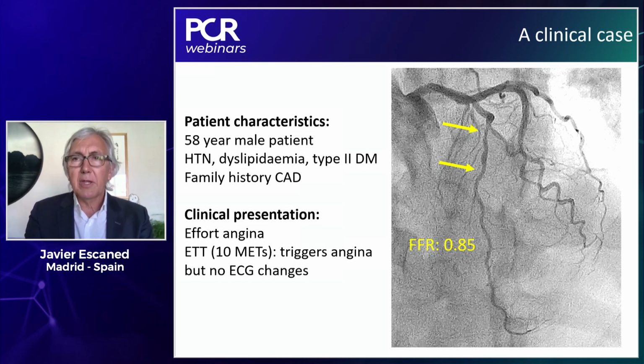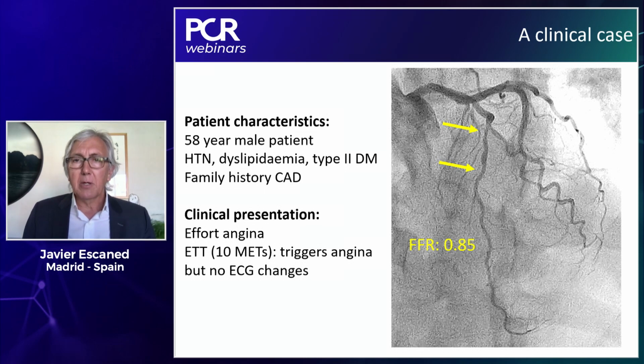So, Emanuele, I think it would be nice to share with the colleagues these patients and to see what they think and what will be the next step. This is a 50-year-old male patient with, as you can see, hypertension, dyslipidemia, type 2 diabetes mellitus, and a history of coronary disease. He came from the Indian subcontinent.